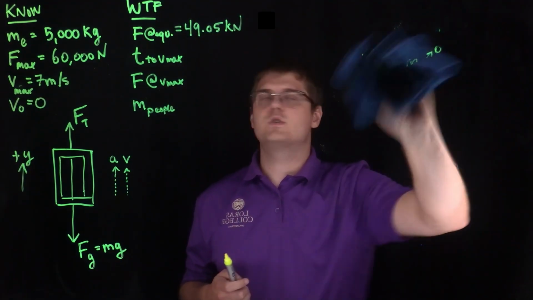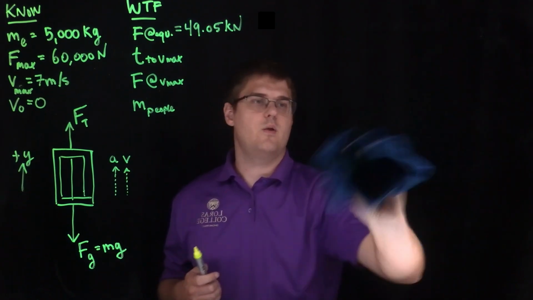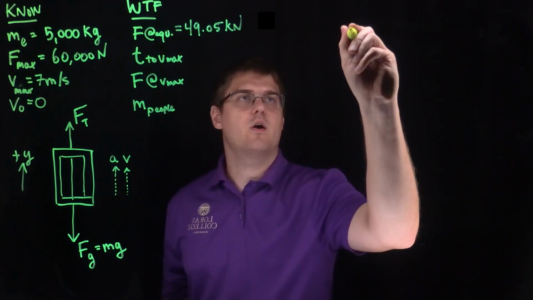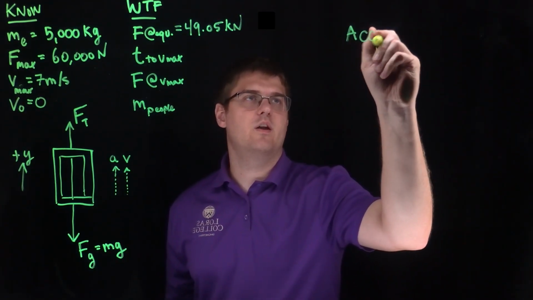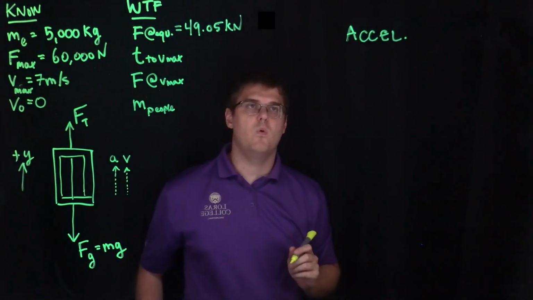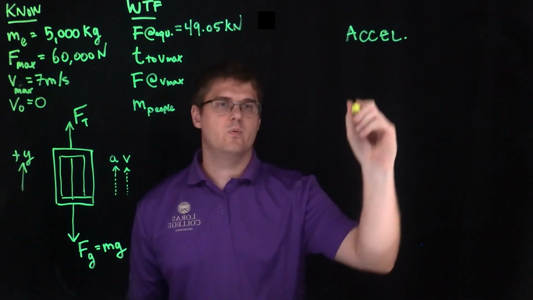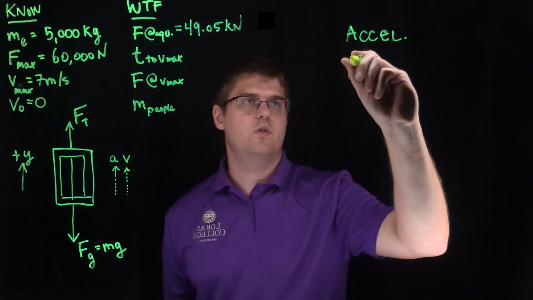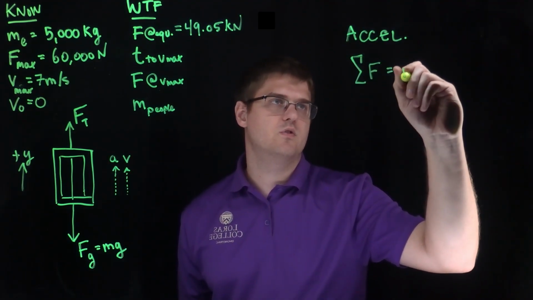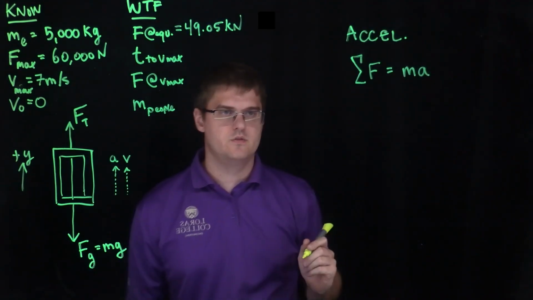Okay, now we're starting to engage this piece and we are pulling it up, and this is going to be our condition while we are accelerating. So while we're accelerating, we're going to again start with the sum of forces is equal to my mass times my acceleration.